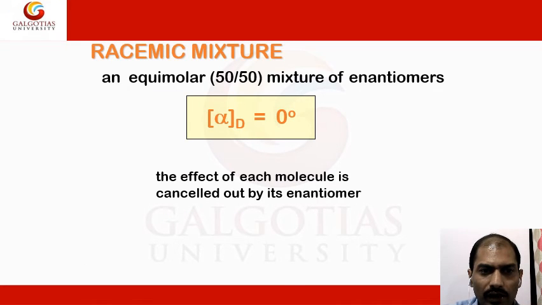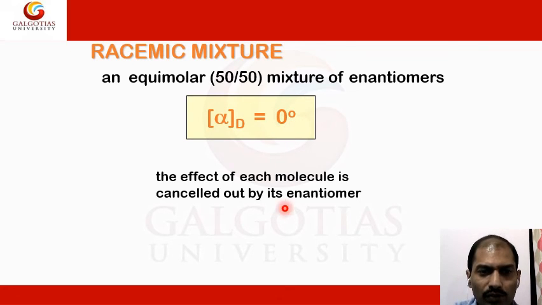Here, if your mixture is an equimolar mixture of enantiomers, suppose plus 50 and minus 50, the rotation will be 0 in that case, because each enantiomer will rotate the light by an equal angle in opposite directions, so the specific rotation alpha will become 0.